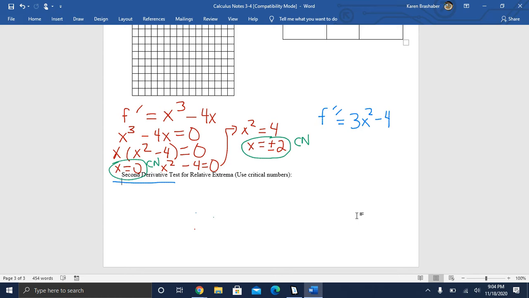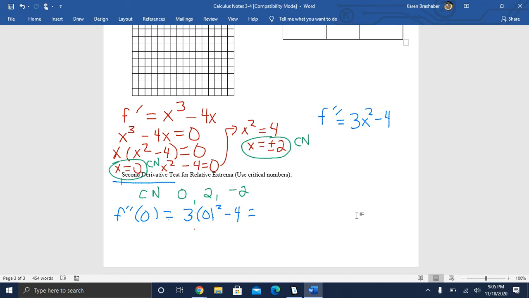The second derivative test says that you will substitute in your critical numbers. So you've got to substitute in 0, 2, and negative 2. So we'll first of all do f double prime of 0. I'll plug in 0: 3 times 0 squared minus 4. And all that I care about is, is this positive or negative?